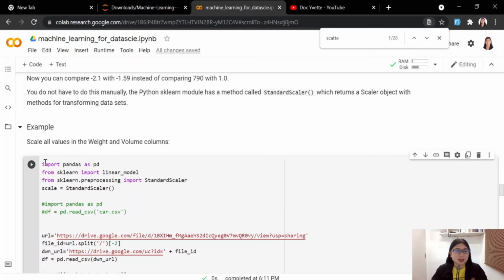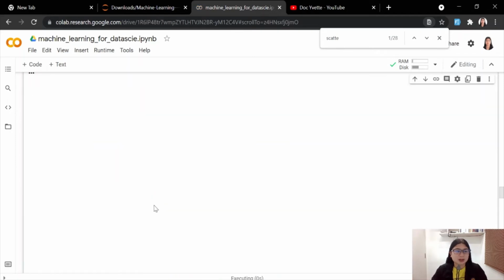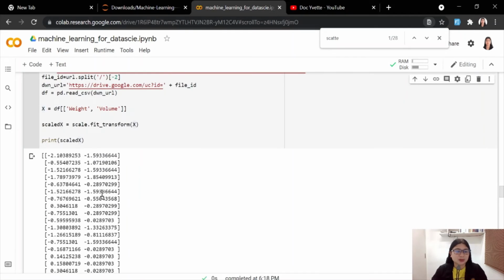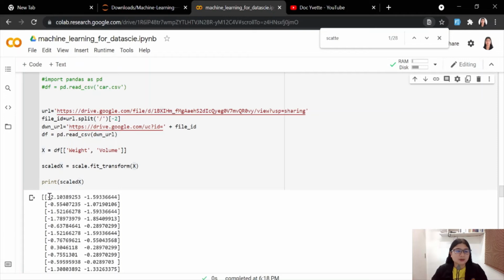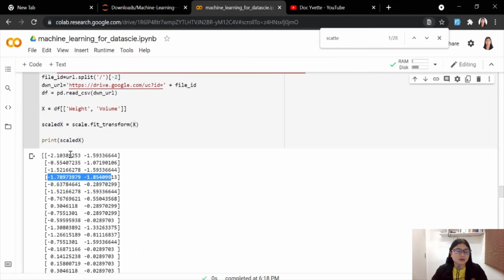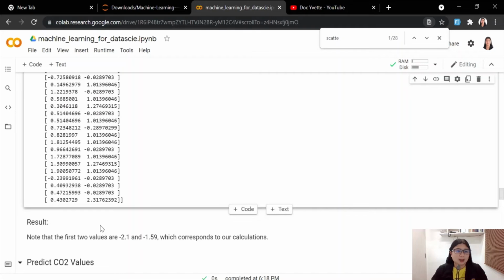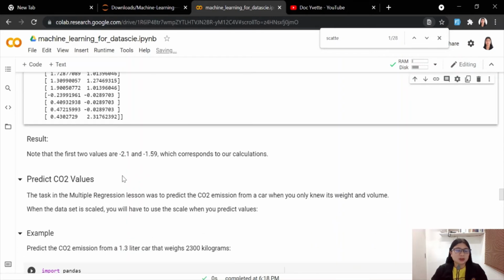By running this, we already have the values. That means this is for the first row, second row, third row, fourth row. This is for the volume, and this is for the weight. Note that the first two values are negative 2.1 and negative 1.59, which correspond to our calculations.